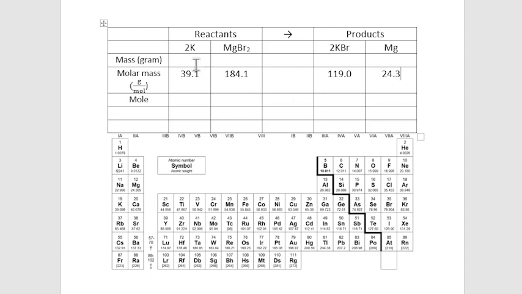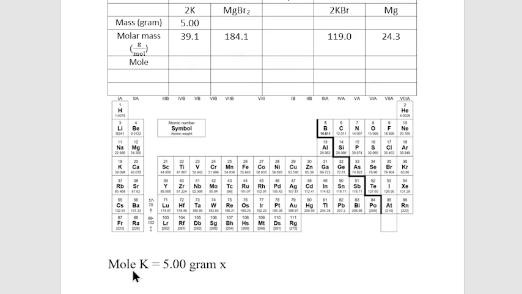Now we've got all the information from the periodic table, which is one very important thing. Remember, we wanted to know, in 5 grams of potassium, exactly how many grams of magnesium bromide we have. What I've got here is moles of potassium equal to 5.00 grams. We want to convert this to moles, so the conversion factor is our molar mass. Remember, our molar mass is grams over mole, 39.1 grams per mole. So we want to flip this and use my fraction.